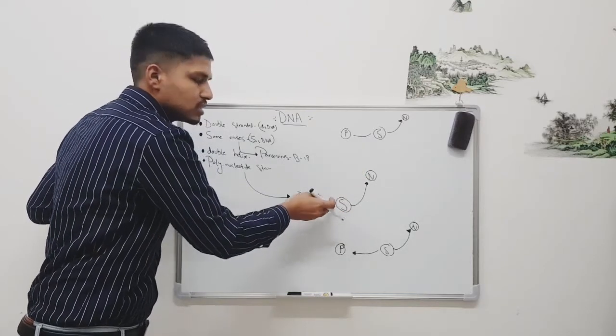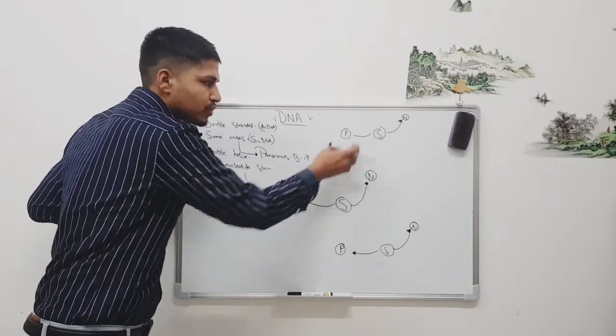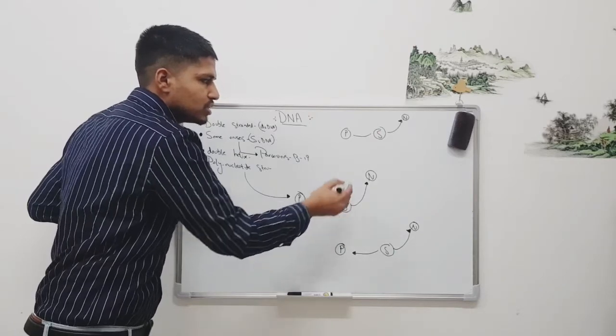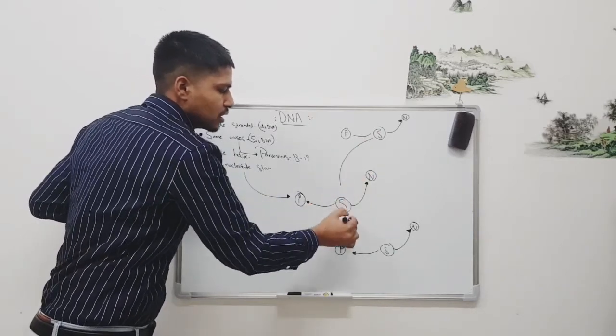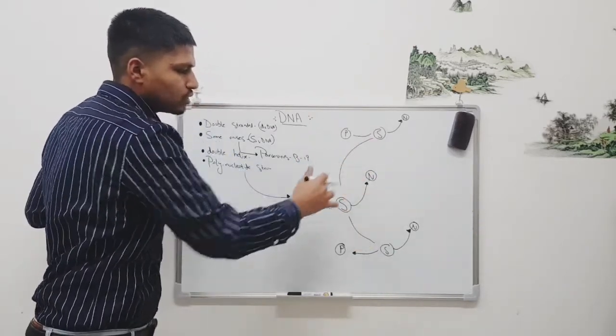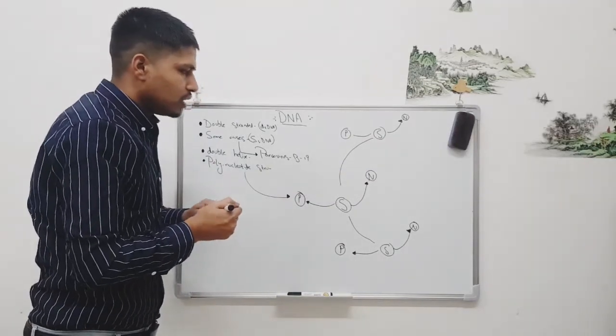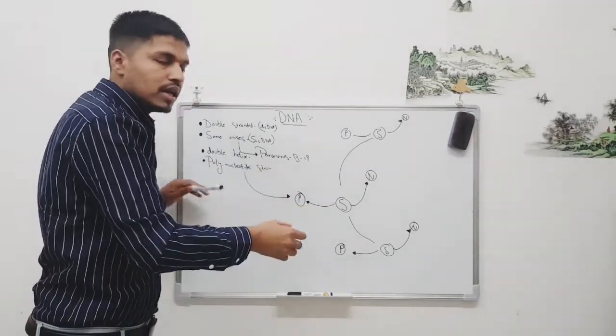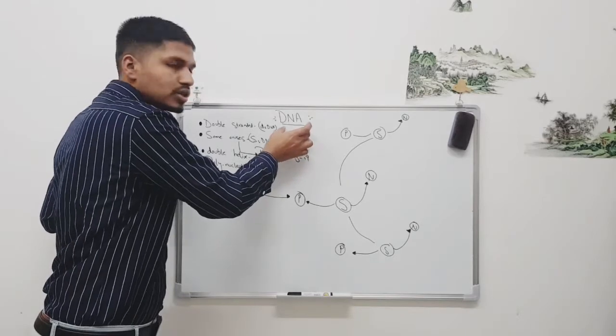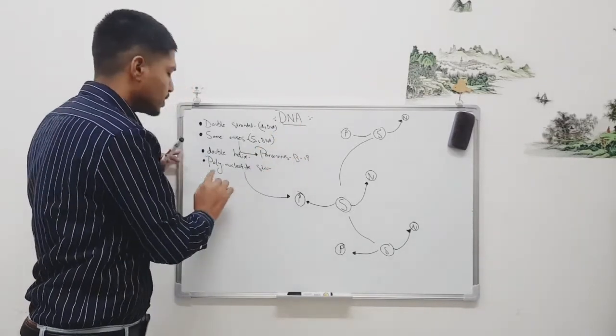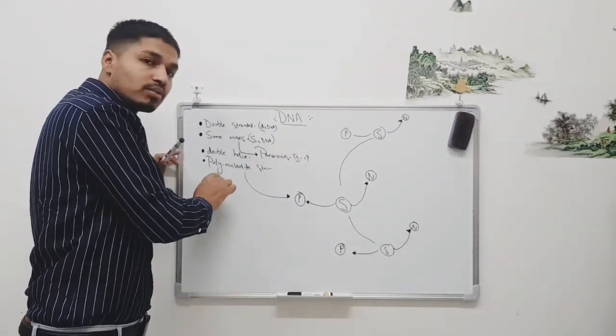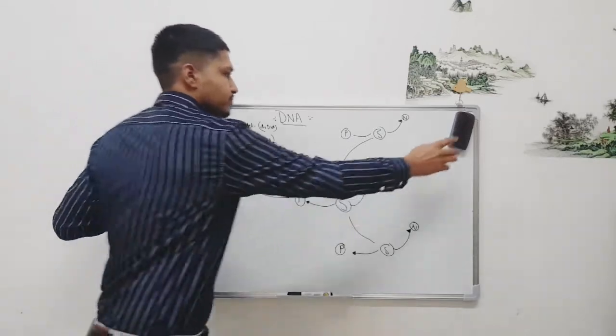When there are bonds between these nucleotide structures, like between this and this, we call it the polynucleotide structure. After a while I will make the proper structure for the DNA molecule, and then you can understand what I mean by polynucleotide structure.